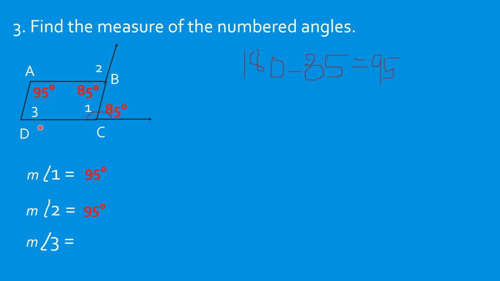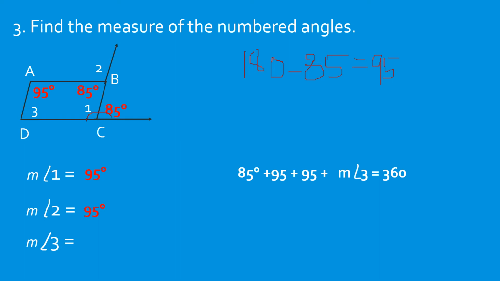Now, what about measure of angle 3? We already have measure of this angle, this, and angle 1, which is 95. And we have a quadrilateral. And we know that the total measures of all the angles of quadrilateral is 360. It means if we're going to add all four angles, that should be equal to 360. You can form an equation like this. Or you can do it directly.